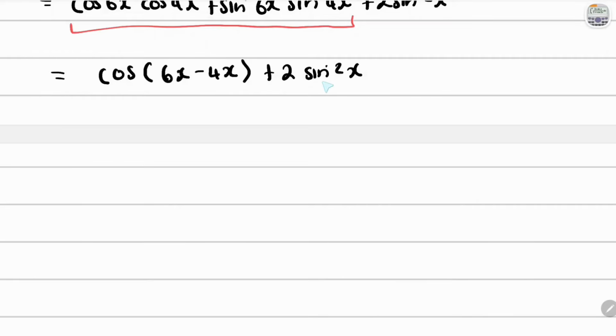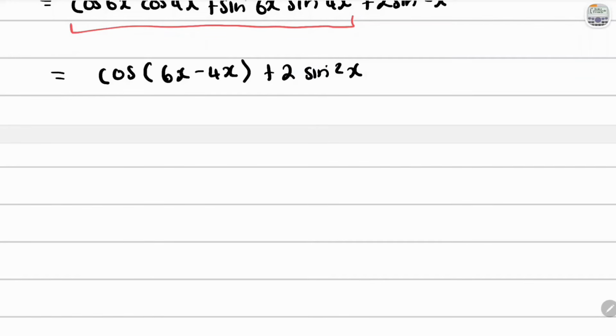So now looking at this, what can we change this to? Well, you don't necessarily have to change this one, but it would be easier to change this instead. What can we change this to so that it has something to do with what this simplifies to, which will be cos 2x? The thing about 2 sine squared x is that it actually has this.